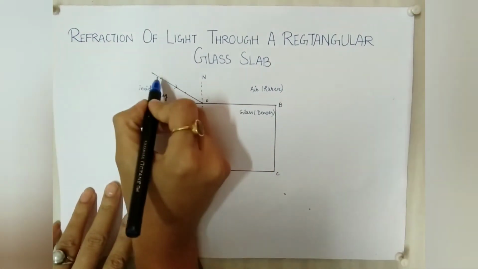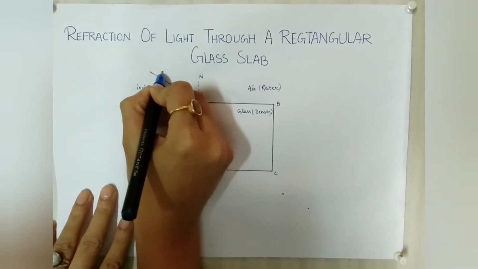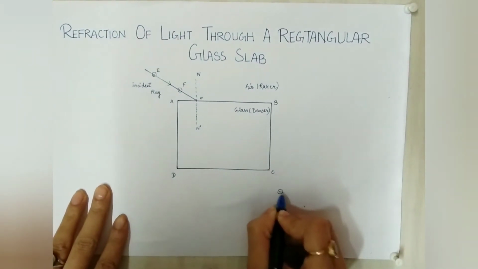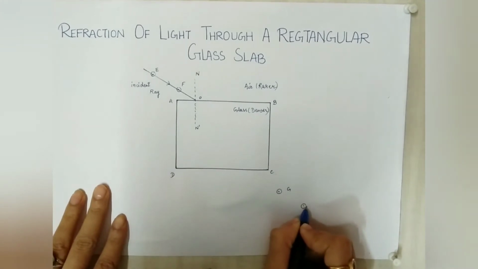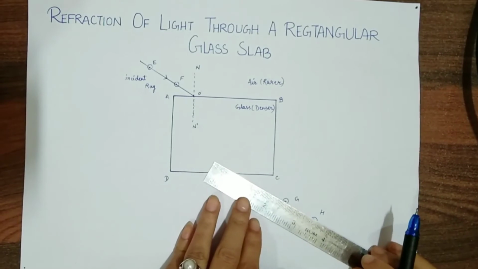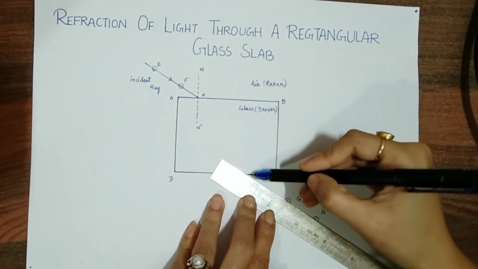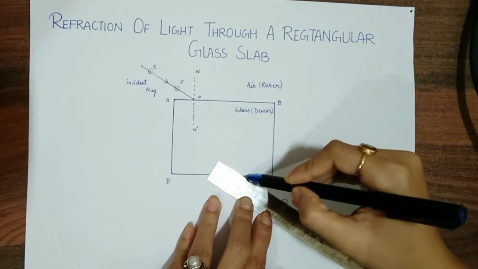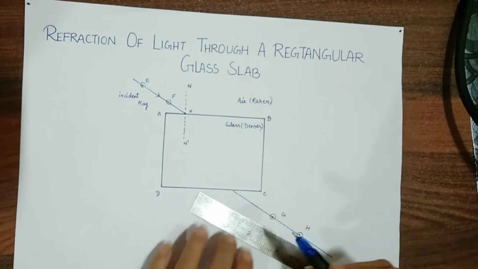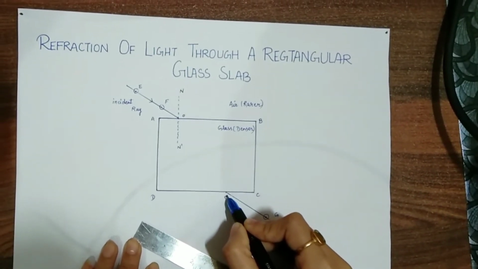First we will mark the positions of the pins, and we will also name them as E, F, G and H. Now we will join these two points and extend this line till point O dash. We will take this point as O dash.